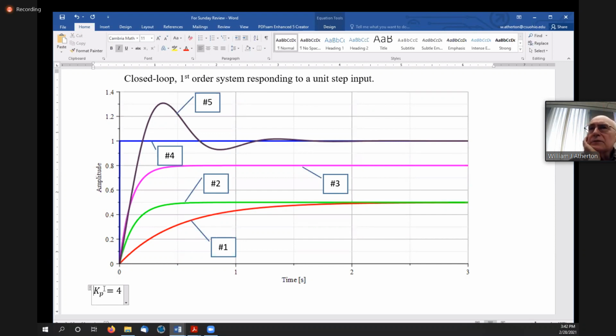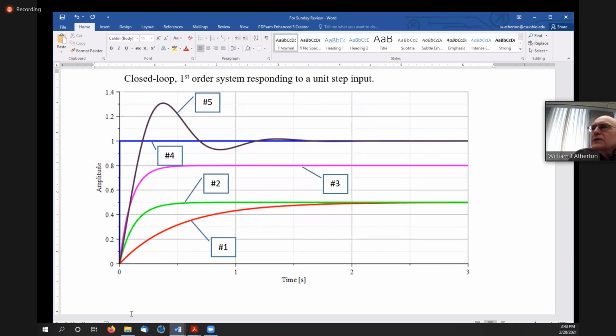If you've only got one root, it's a first order equation, it's going to be real. You won't get complex conjugates unless it's a second order system. That's the only way you could possibly get complex conjugate roots for a system.